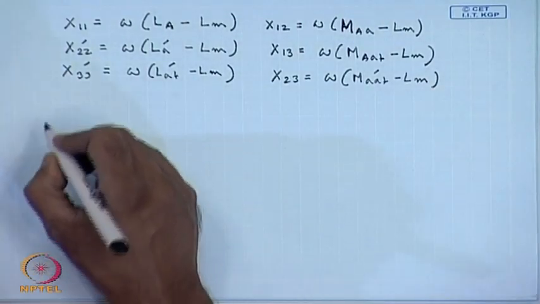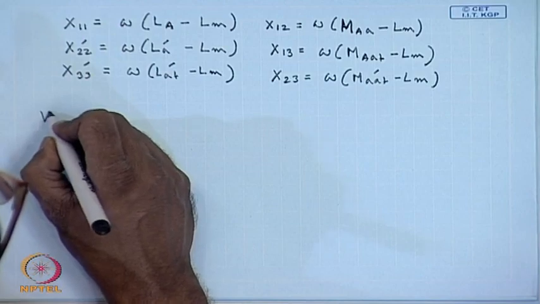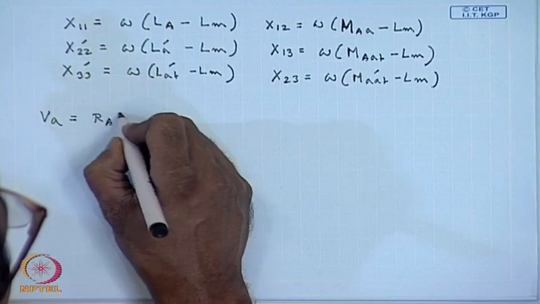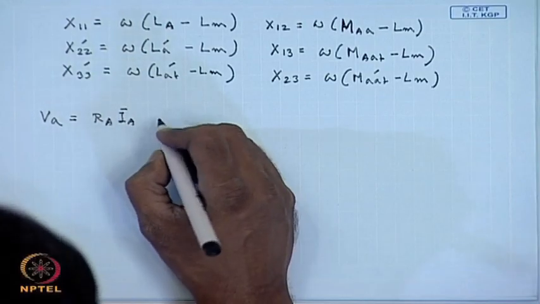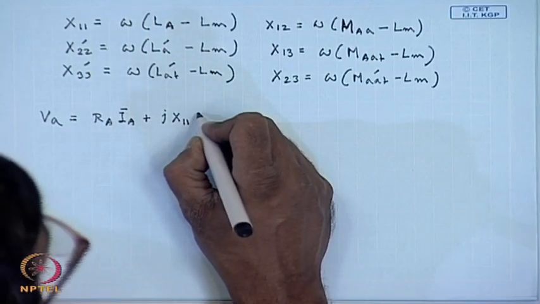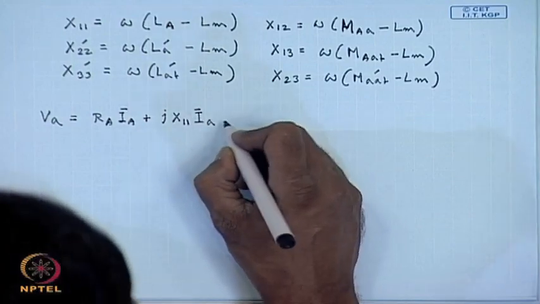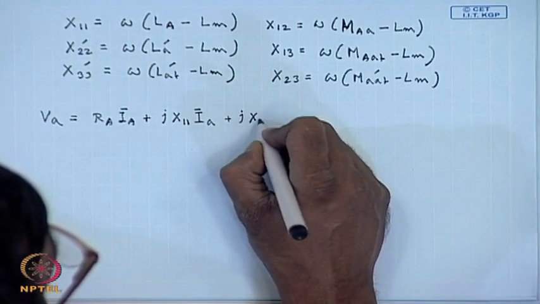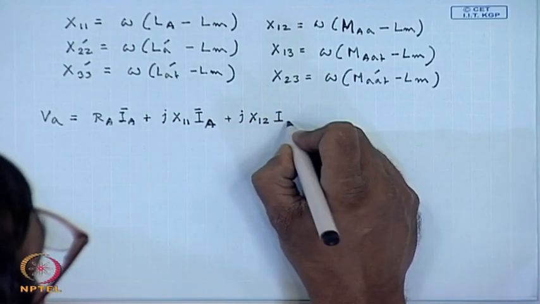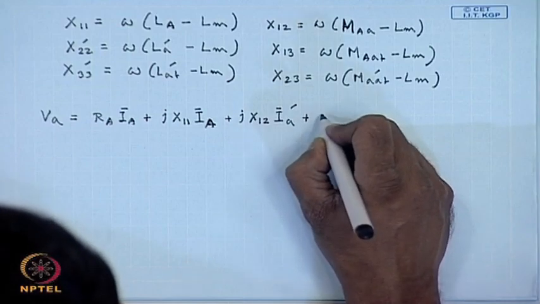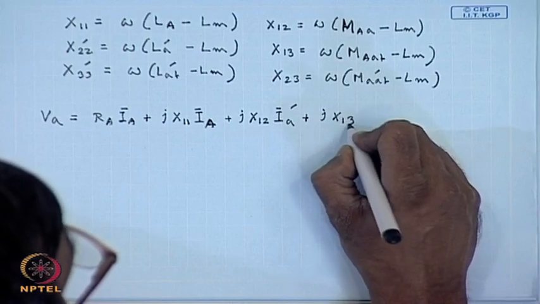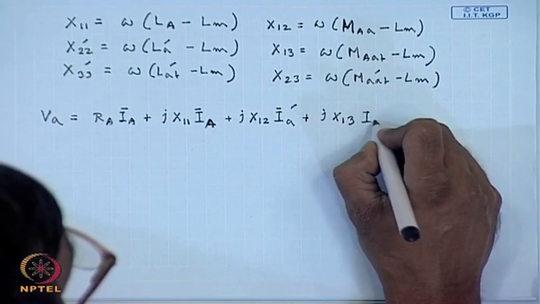Then we can write V A equal to R A I A plus j x 11 I A plus j x 12 I A dash plus j x 13 I A T dash.